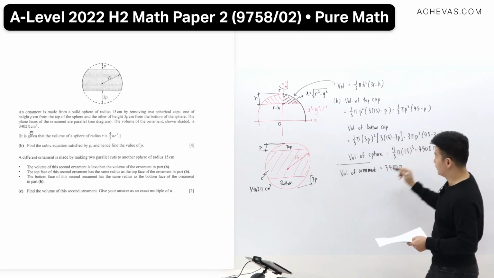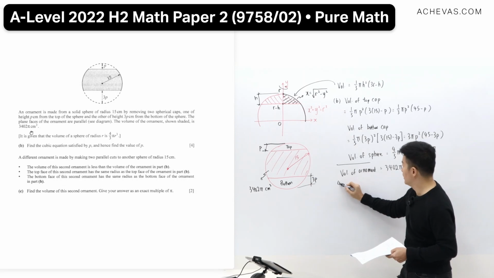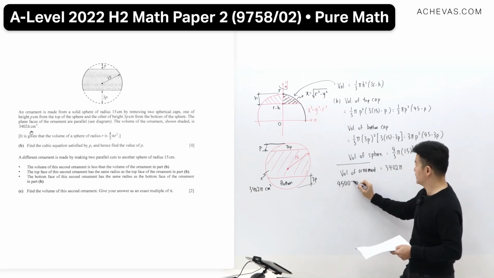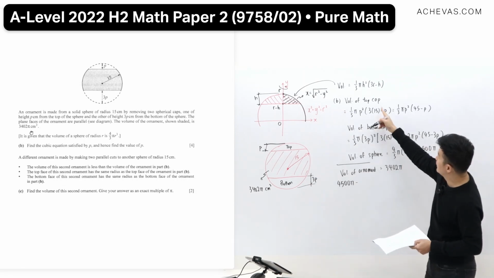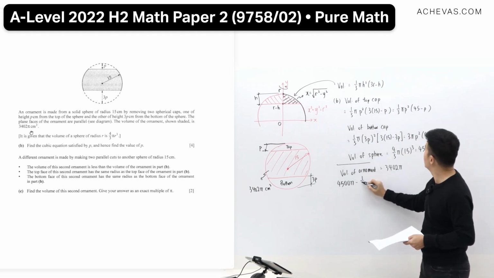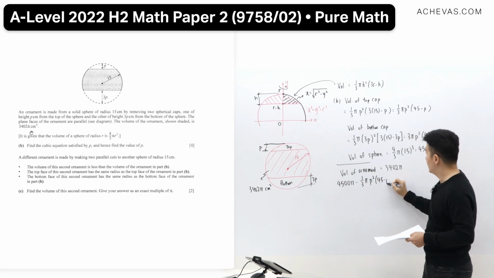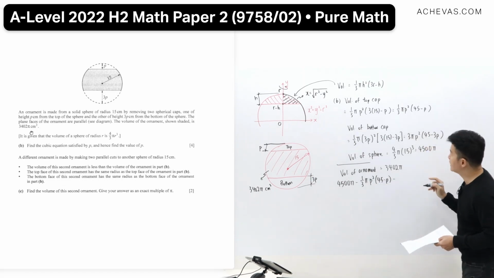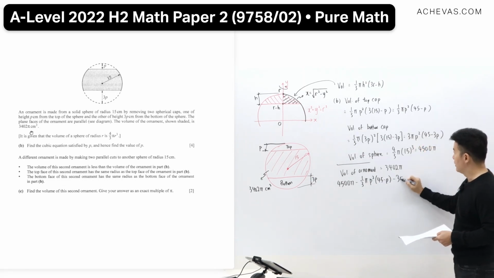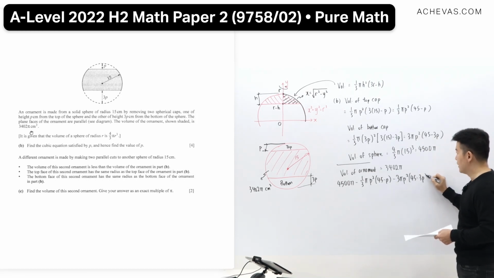We're going to take the volume of the sphere, which is going to be 4500 pi, minus away the volume of the top cap, which is 1 over 3 pi p squared, 45 minus p, minus away the volume of the bottom cap, 3 pi p squared, 45 minus 3p.